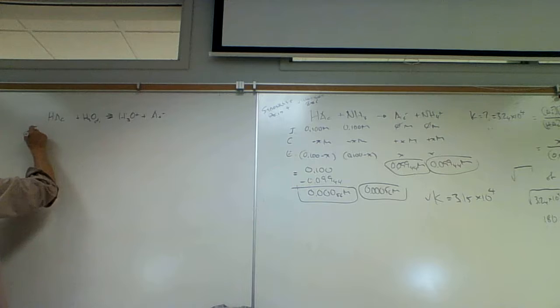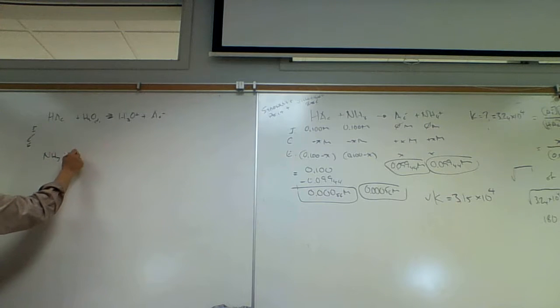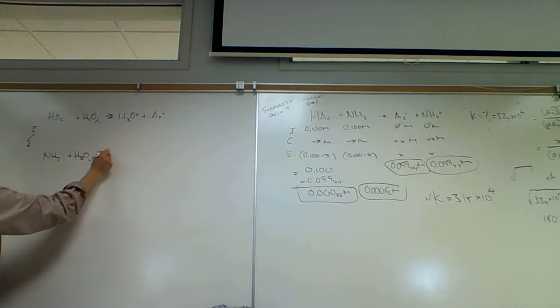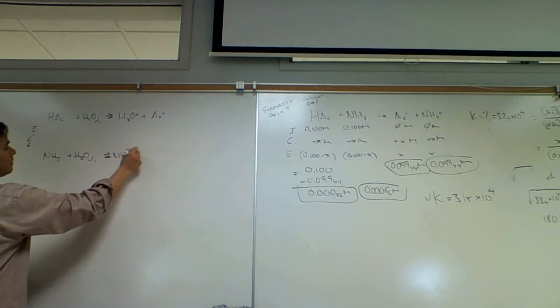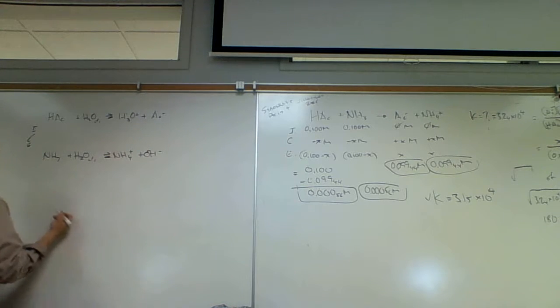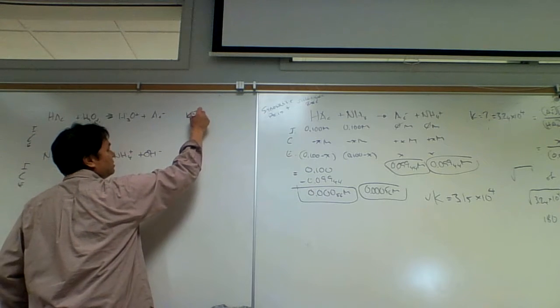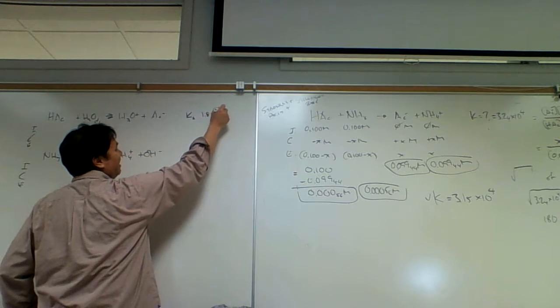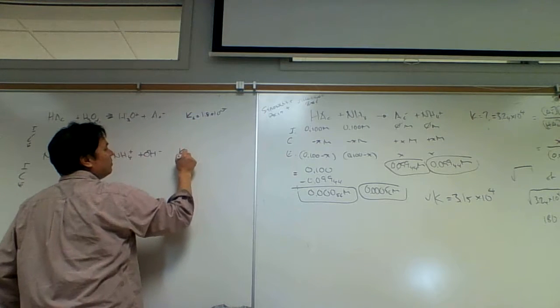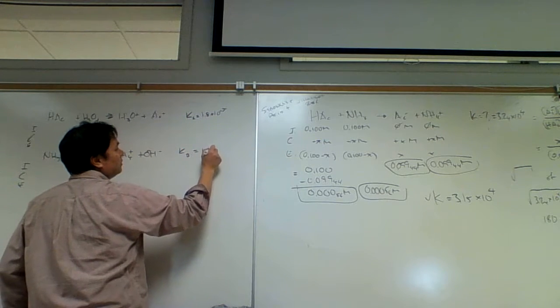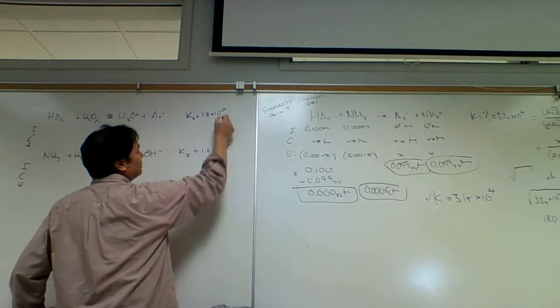And so I could do an ice table for this. But I also have some ammonia left over. And the ammonia can hydrolyze water to produce ammonium and hydroxide. That's a Kb. I have an ice table for that. The Ka for this is 1.8 times 10 to the minus 5. The Kb for this is 1.8 times 10 to the minus 5.